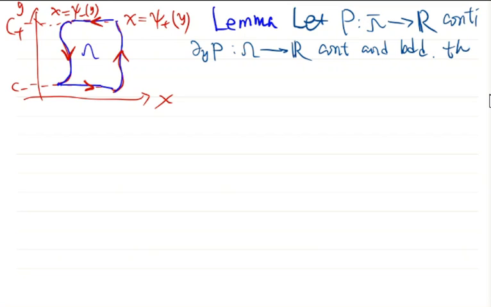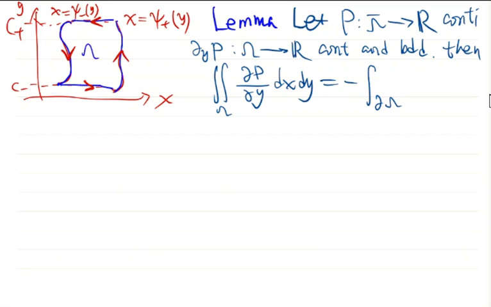Then we have the following result: the integral of the partial derivative of P with respect to y over the domain omega equals minus the integral of P dx over the boundary.